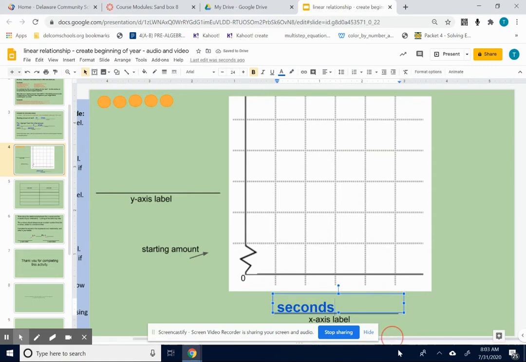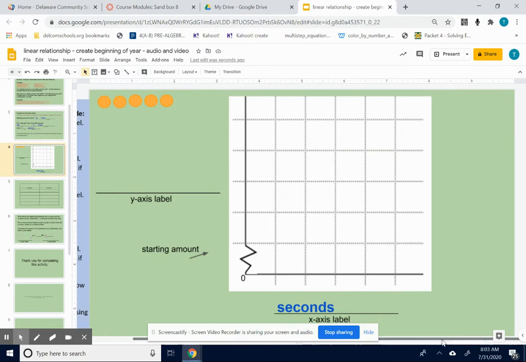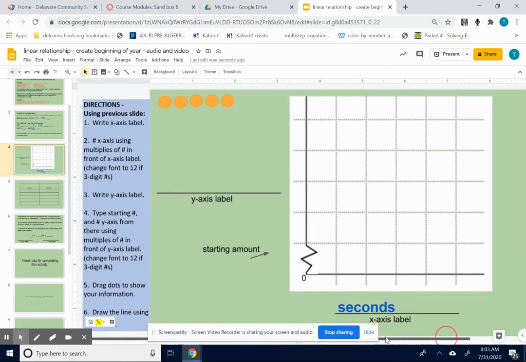And I lost my directions. This may happen to you. Okay, second thing, number the x-axis using the multiples of the number in front of that x-axis label. So go back for a minute.